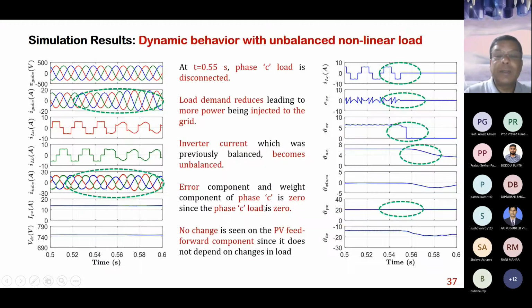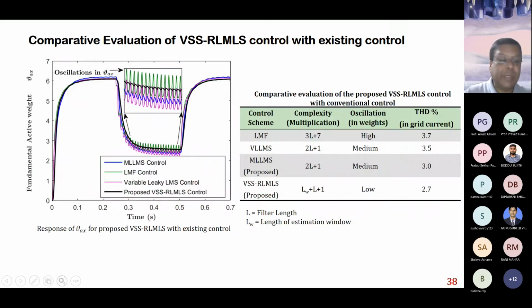So what happens is that we compare the efficacy of this variable step size robust least mean square algorithm. Here we could see we compare the oscillation in weights in the active components for different adaptive algorithms.